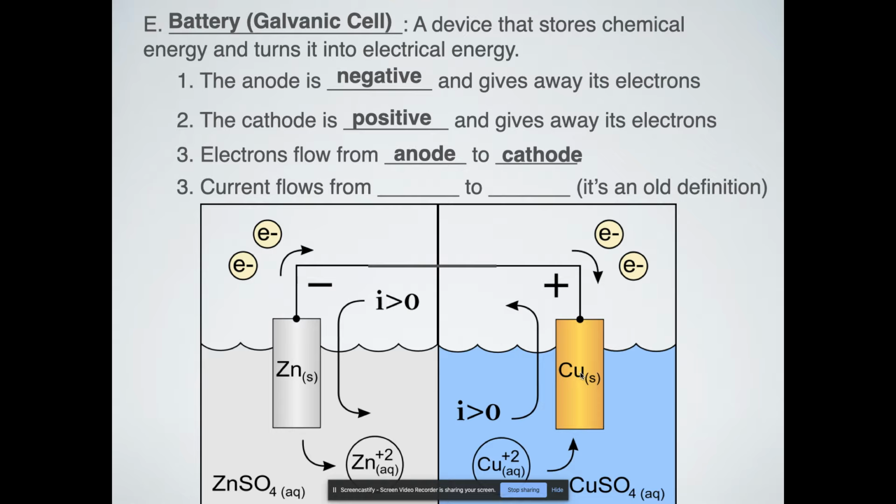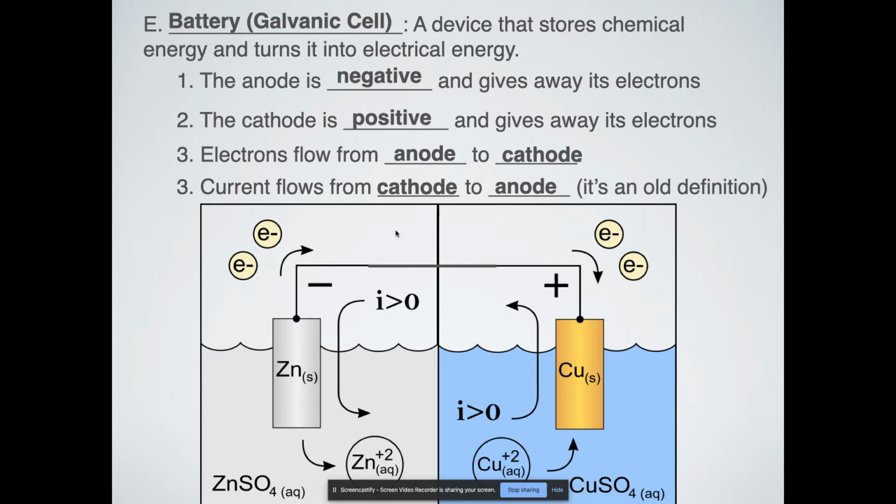Now, the confusing part that always makes people a little upset, but it's because of an old definition, is even though the electrons are going from the anode to the cathode, in reality, the current flows from the cathode to the anode, and that's because of an old definition. And because it's such an old definition, when we finally realized that it ended up being the opposite, no one wanted to change it because that would have meant that all old literature involving batteries would have to be redone.